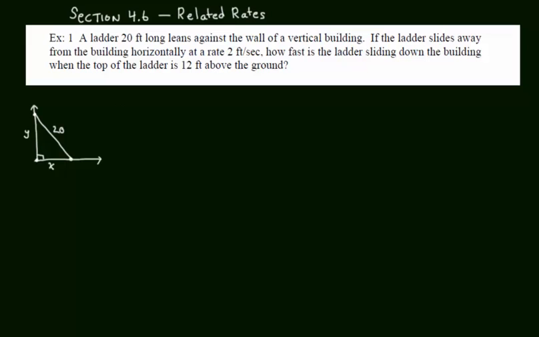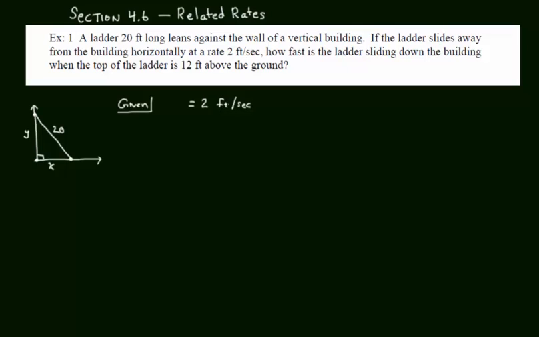Alright, there are 3 parts to the problem. One is given. The really key feature of related rates is being able to label given information and things you're supposed to find with correct notation. So the given information is that the ladder is sliding away horizontally at a rate of 2 feet per second. So something's going to equal 2 feet per second.